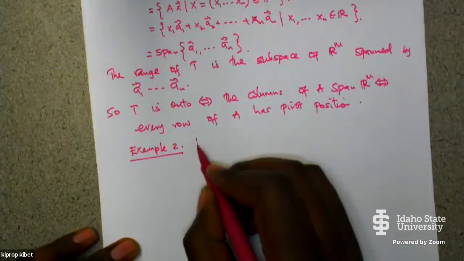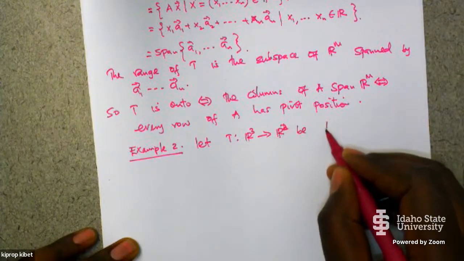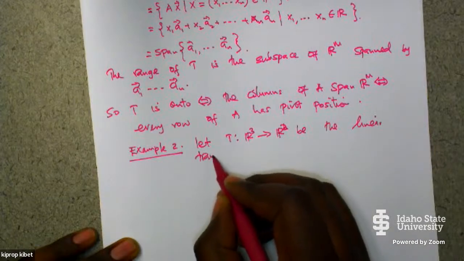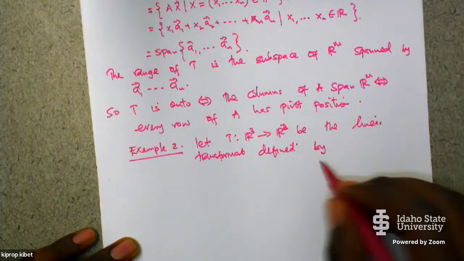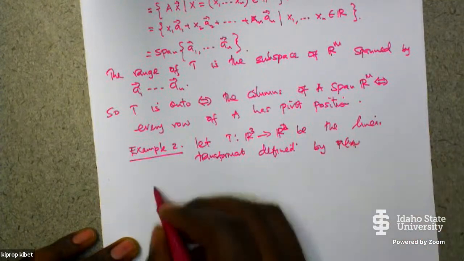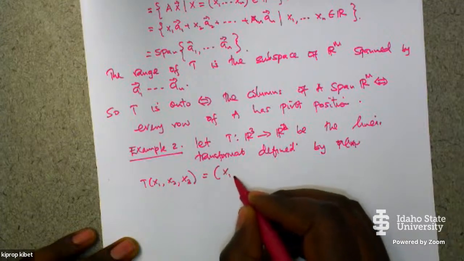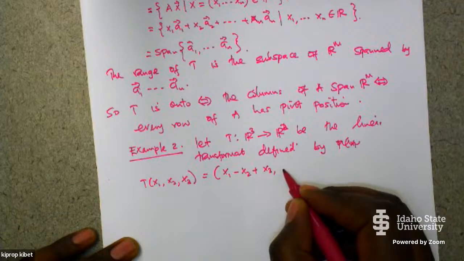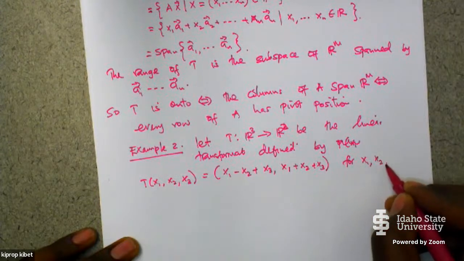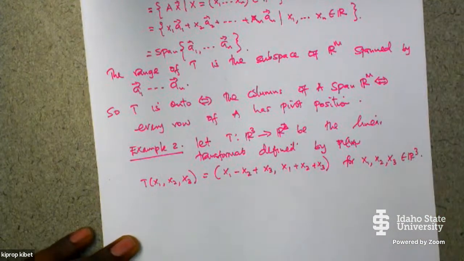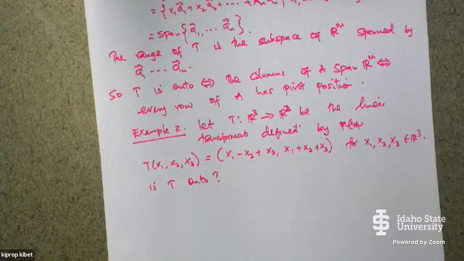Let T from R3 to R2 be the linear transformation defined by T of x1, x2, x3 equals x1 minus x2 plus x3, x1 plus x2 plus x3, for x1, x2, x3 elements of R3. Is T onto?